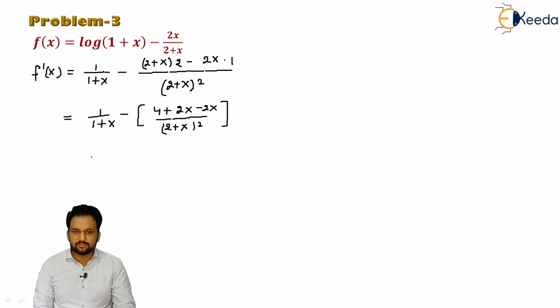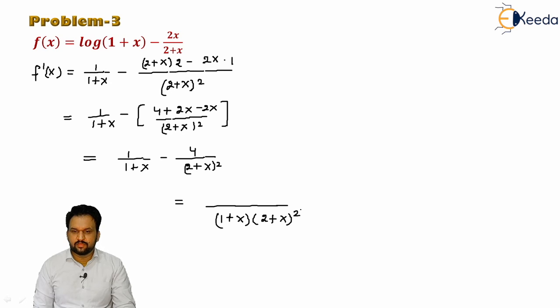A little bit more we can solve this equation, and here you get 1 by 1 plus x, and minus 2x will cancel with 2x, so 4 by 2 plus x whole square. Clear? And here I can take the LCM. It will give you 1 plus x and 2 plus x whole square.